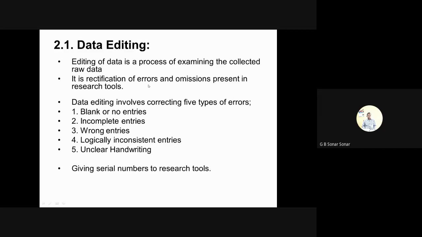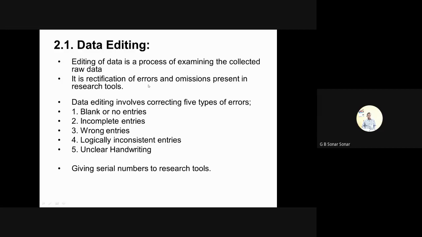Once these 5 types of errors are corrected in the first sub-step of data processing, that is data editing, one more important aspect we need to keep in our mind is that we should give serial numbers to the research tools. I was giving the example of a study of 221 respondents. So if the sample size is 221, there will be 221 interview schedules.